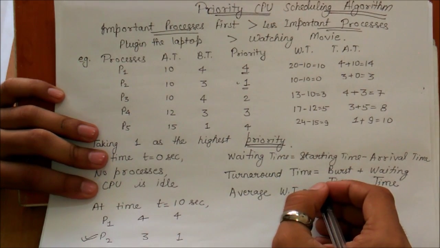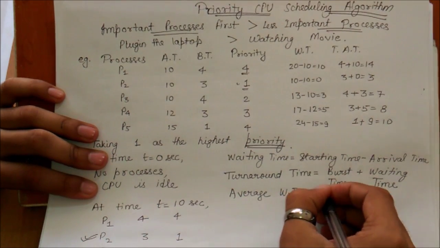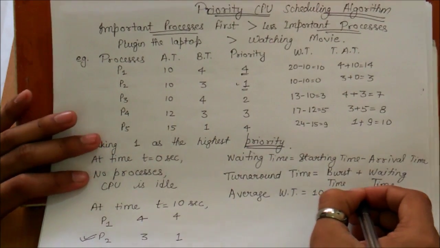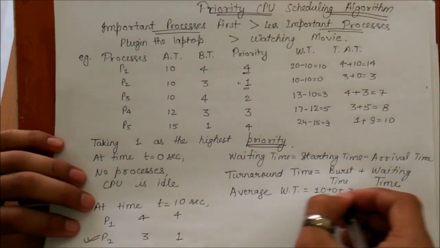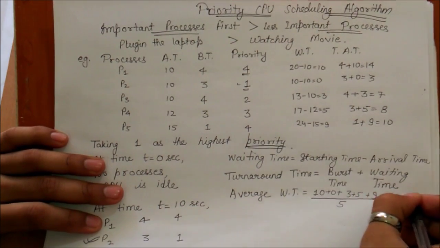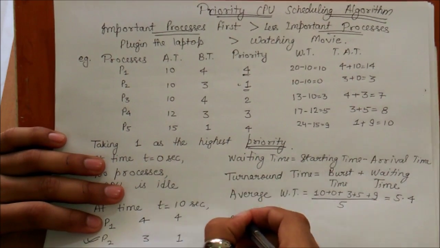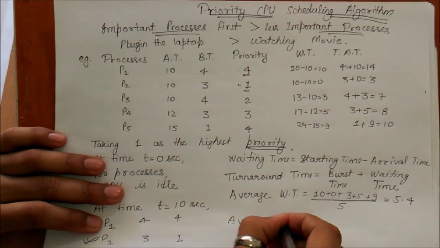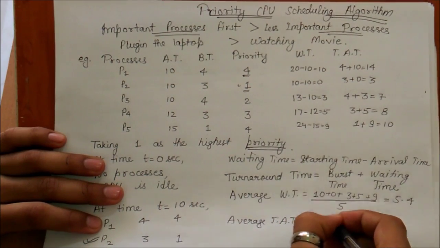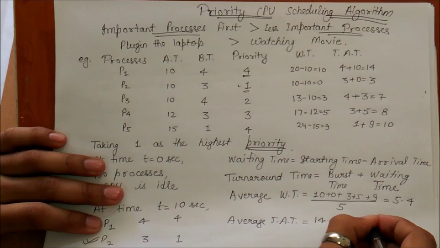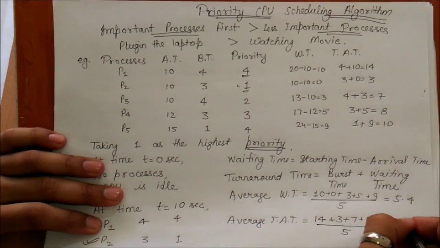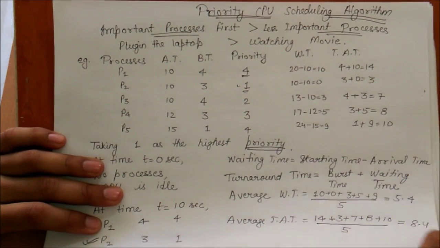So we add up all the waiting times and divide by the number of processes, which comes out to be 5.4, and the average turnaround time, by adding all the turnaround values divided by the number of processes, which is 5, comes out to be 8.4.